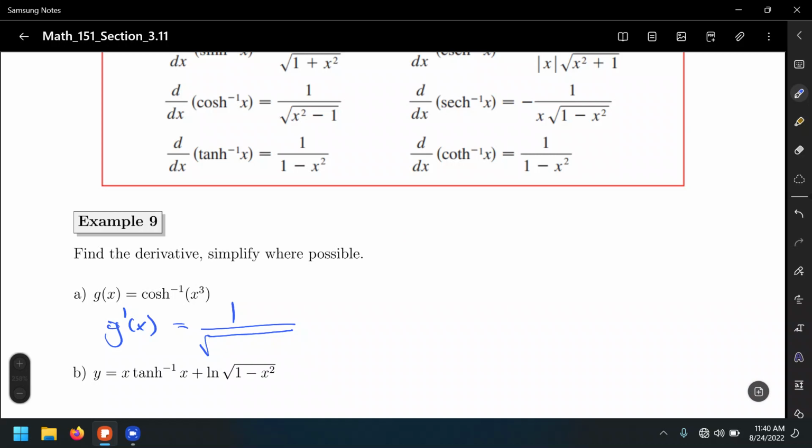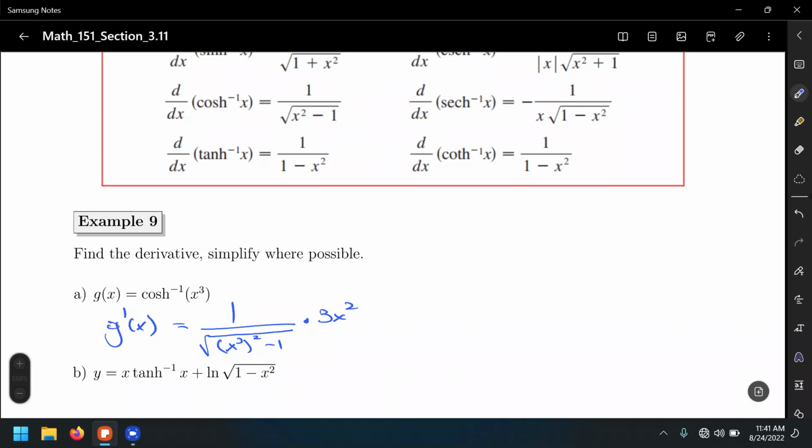In this case, we need to square x cubed, minus 1. But be careful here: because this is a composition function that involves a chain rule, we need to differentiate the x cubed, whose derivative is 3x squared. All right? Well, let's simplify.